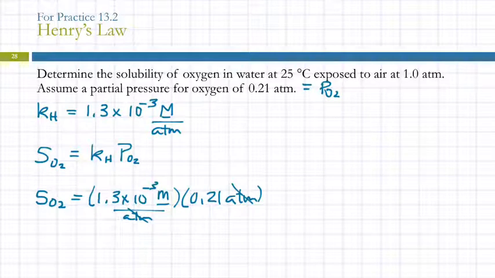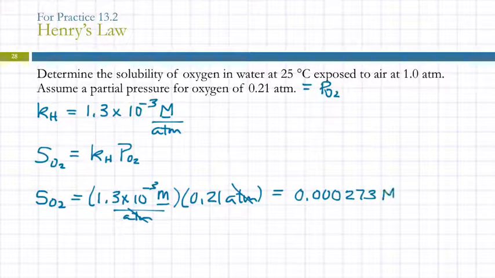Where's my calculator? So we got 1.3 times 10 to the minus third times 0.21 equals. So my calculator is not set to display in scientific notation, so this is what it's showing me. What's the unit on that?